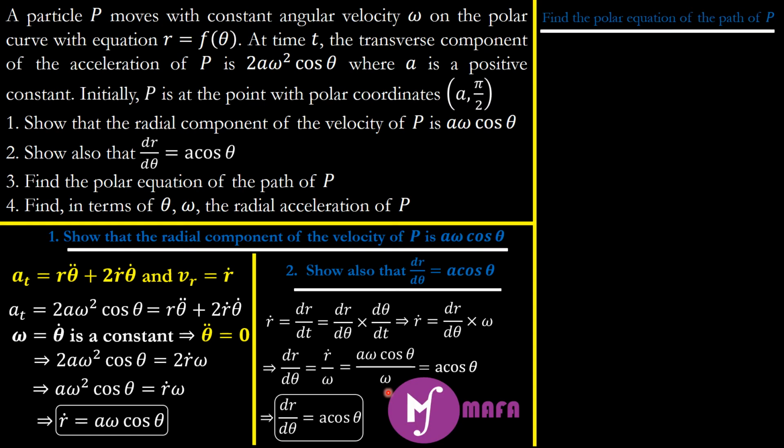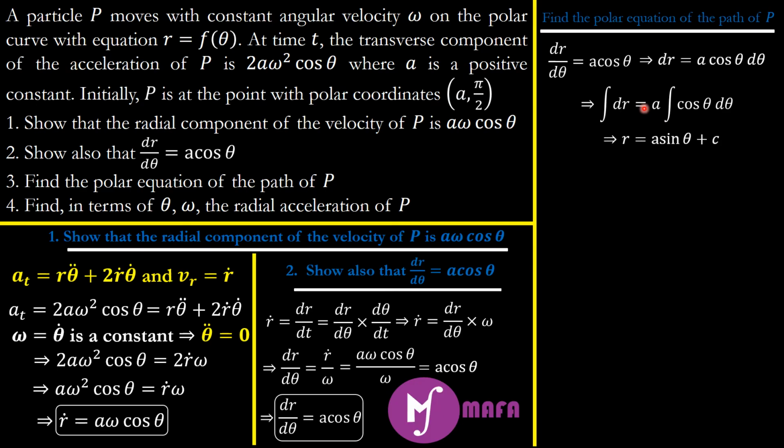Question 3, we are asked to find the polar equation of the path of the particle P. Here we are going to use integration. In the previous proof, we have proven that dr by d theta is equal to a cos theta. So we can separate variables because we need the polar equation, meaning we need r equal to f of theta, and we integrate both sides. Integrating the left hand side, we get r.